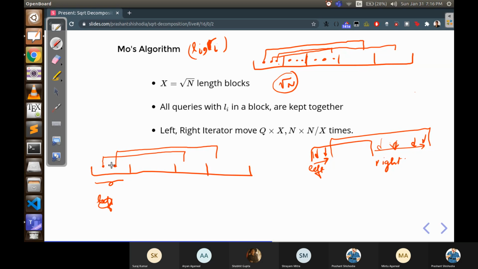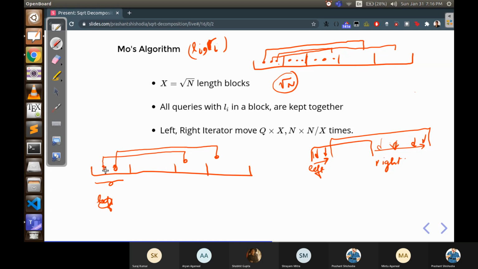So again, to recap, I group all of the segments block-wise. All the segments that are in a block are processed together, and within a block I process the segments in increasing order of their right endpoint.